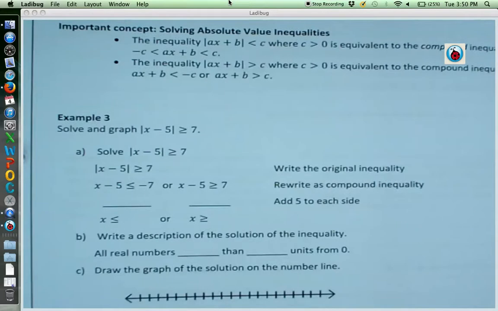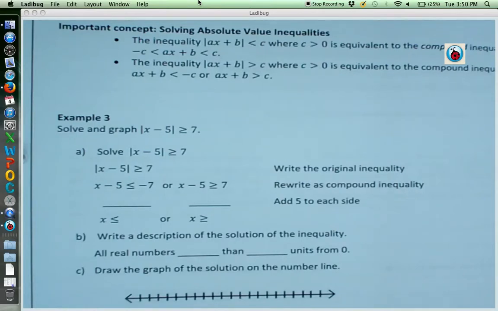So example 3, solve and graph the absolute value of x minus 5 is greater than or equal to 7. Okay. We have our original inequality, absolute value of x minus 5 is greater than or equal to 7. Remember how we had to split the equations into two different possibilities, a positive or negative option?